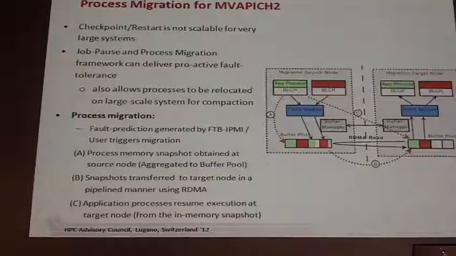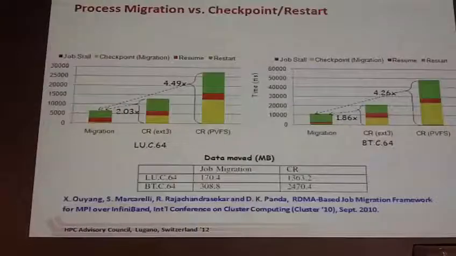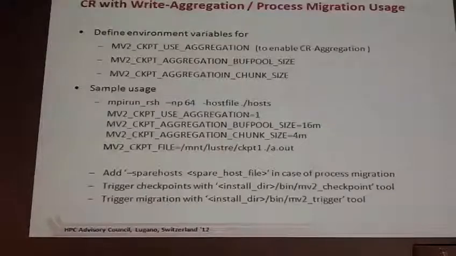That can increase your mean time between failures, and it significantly cuts down the time compared to checkpoint restart. The migration has very little overhead, and the data moved is minimal, and there again are a bunch of parameters to tune this kind of stuff.